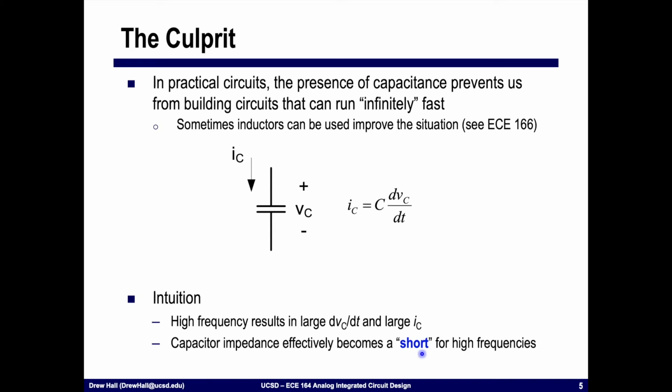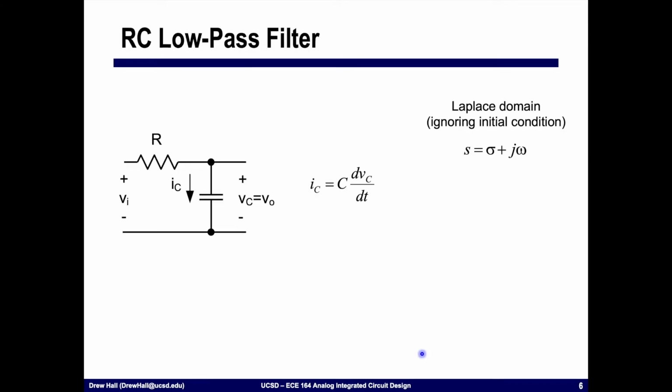And so in order to orient us, let's consider this very simple example. Let's go back to something that we've seen many times. This is an RC low pass filter. Here, I know the current through this capacitor is equal to C times dV/dt.